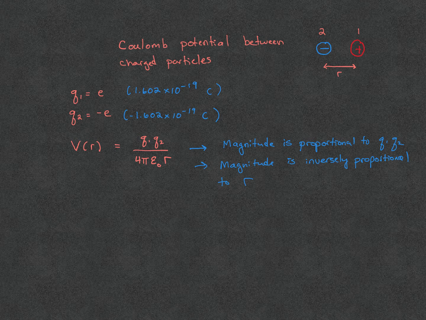So when Q1 times Q2 is a positive number, then the potential overall is going to be positive. And when the product of Q1 and Q2 is a negative number, the potential overall is going to be negative. Okay. And so what's a negative potential mean? Well, a negative potential is attractive. So V of R less than 0, potential is attractive.